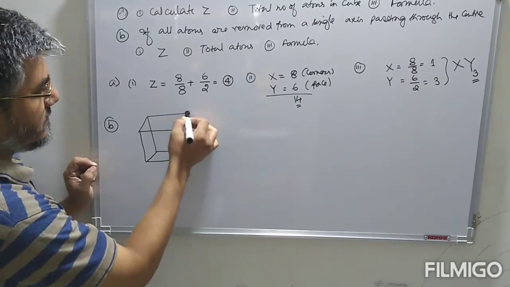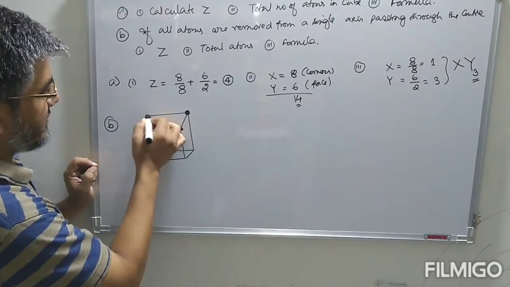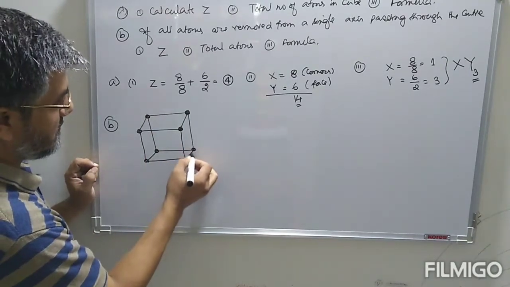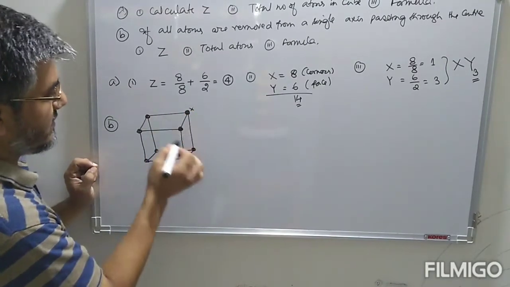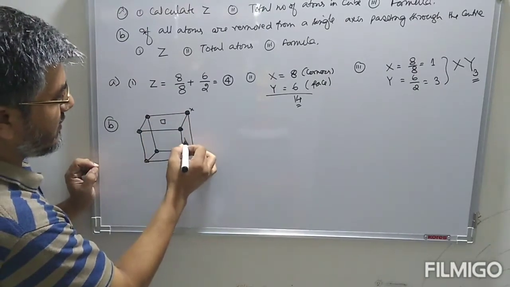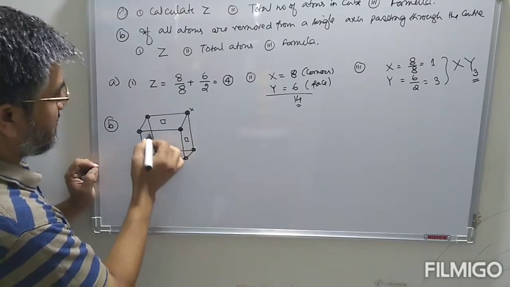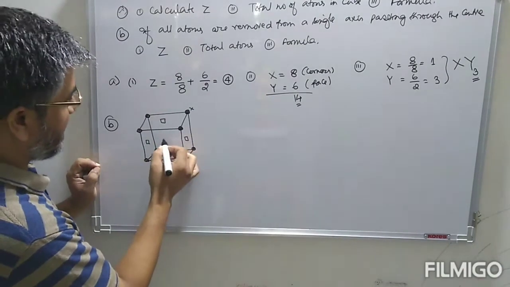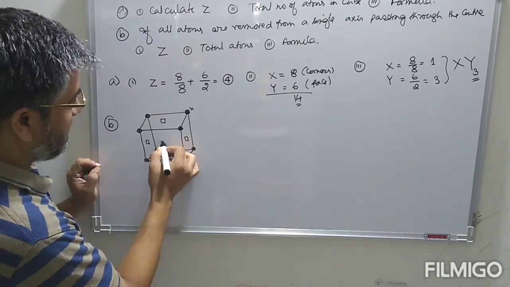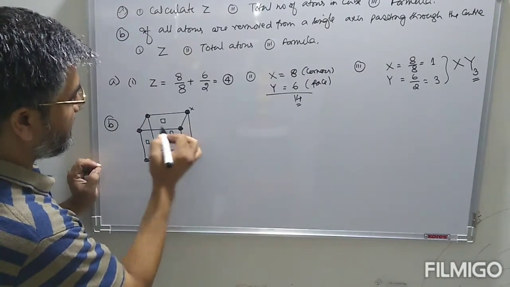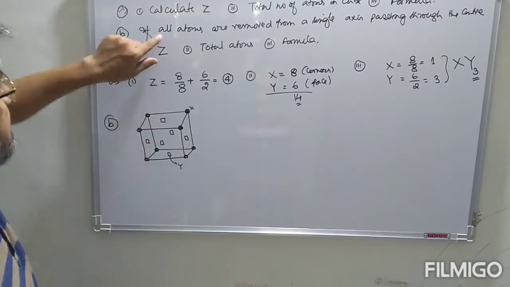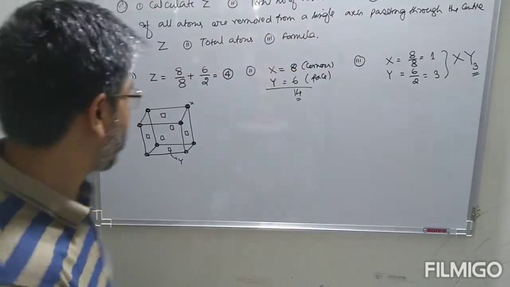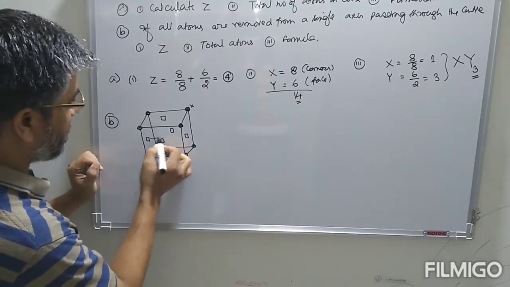This is X, and along with this we have Y. Then we have the front face, and then the rear face. The question says if all atoms are removed from a single axis passing through the center. Let this be the axis.